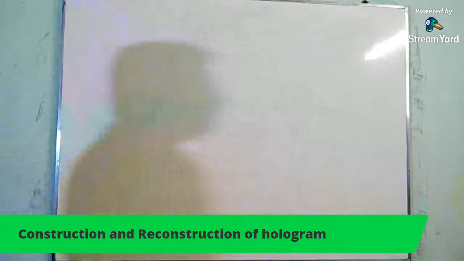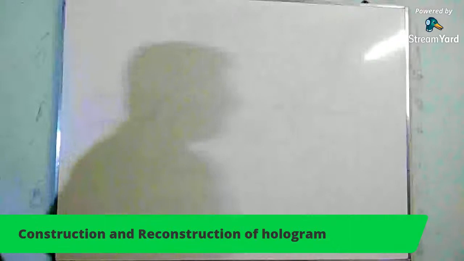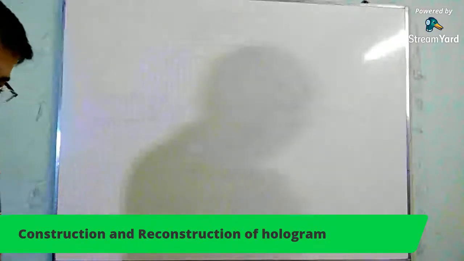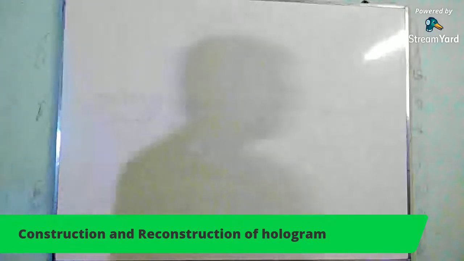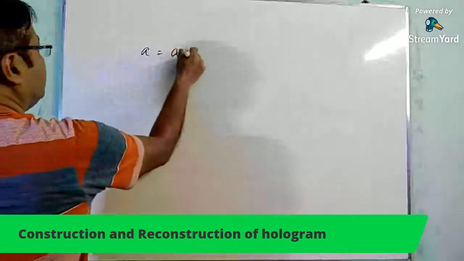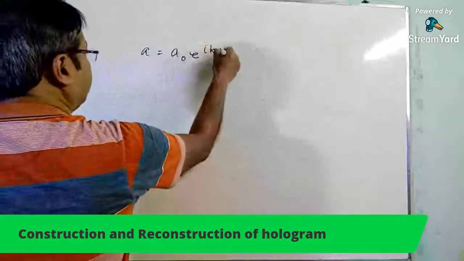Let the complex amplitude of the light wave scattered by the object and striking the hologram be A equals A0 e to the power i psi.